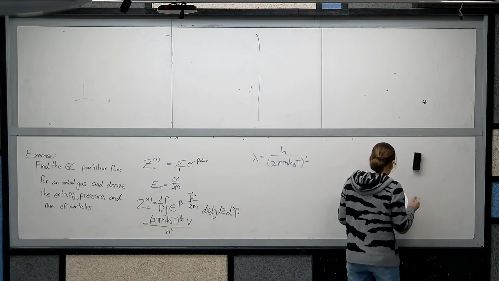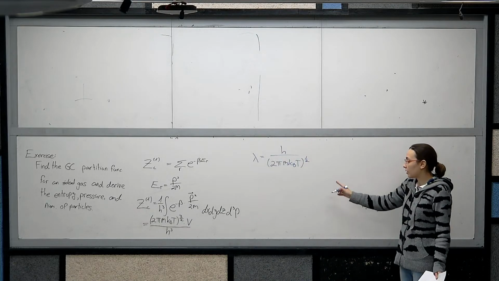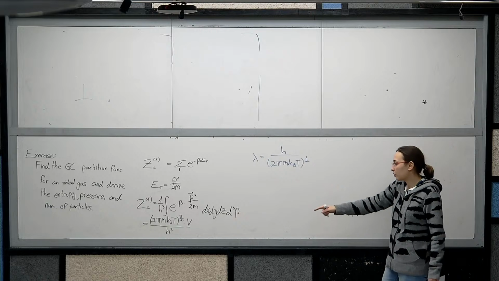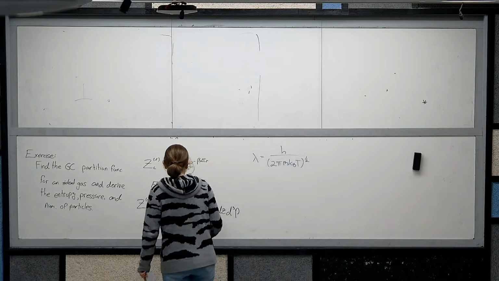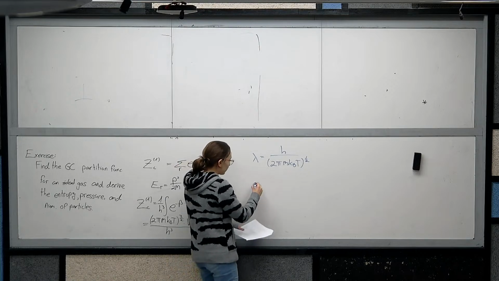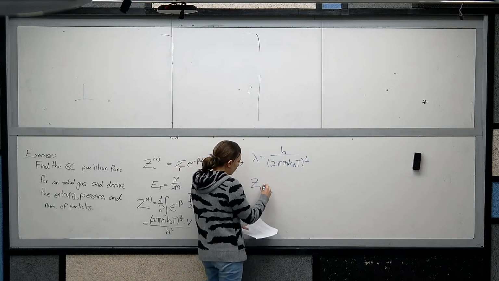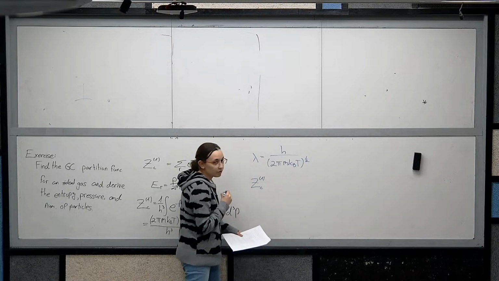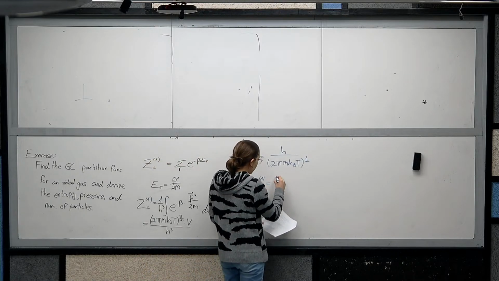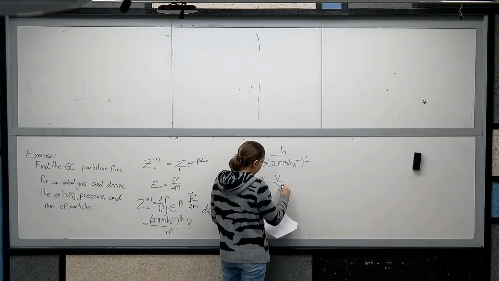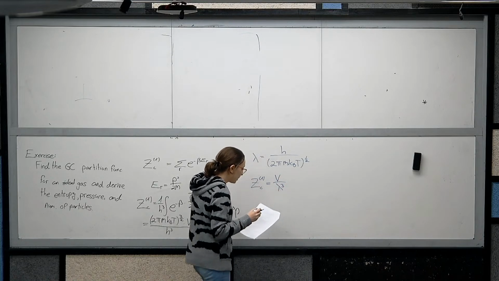So I won't need to write this term every time, I'll just write lambda to the third instead. So the subsystem partition function for one particle is equal to V divided by lambda to the power of 3.